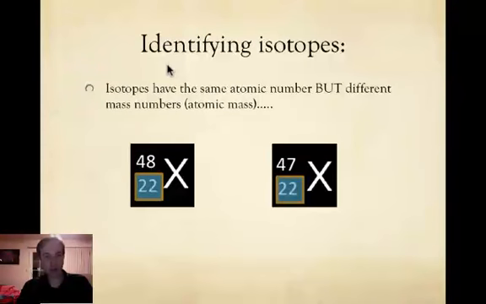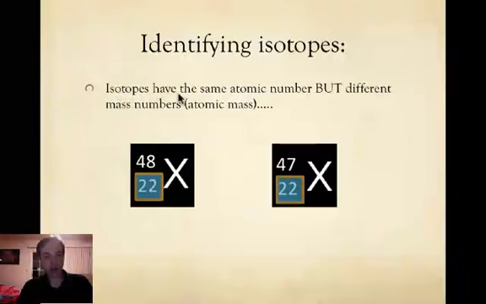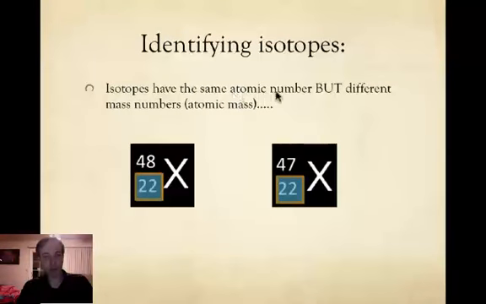Okay, now when we identify isotopes of an element, isotopes of the same element will have the same atomic number but different mass numbers. Also realize that mass number is interchangeable with what we call the atomic mass. These terms mean the same thing. It's the mass of the atom or the mass number. Mass number is just protons plus neutrons.